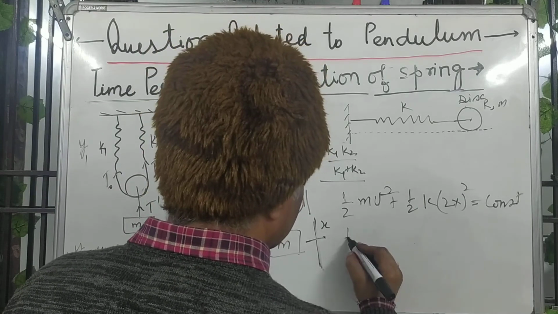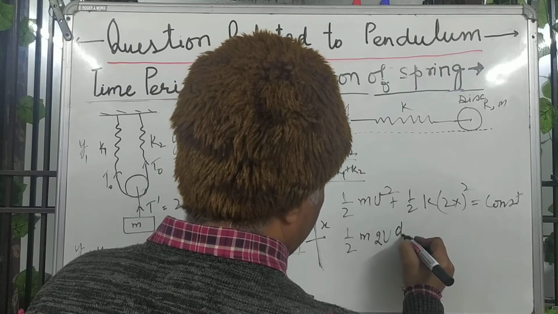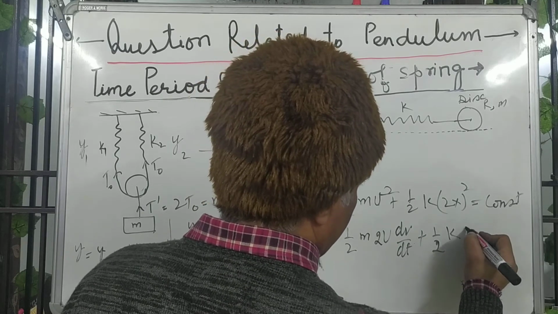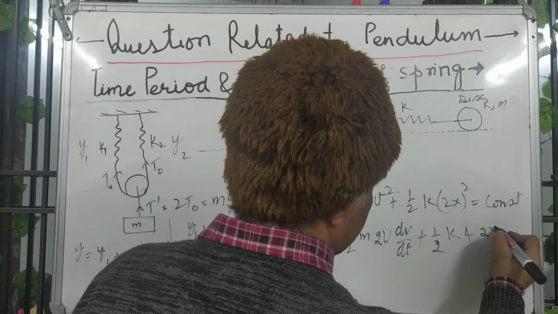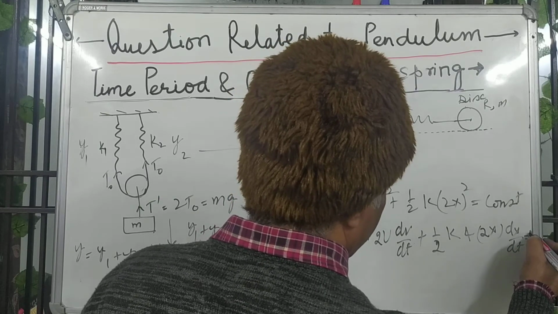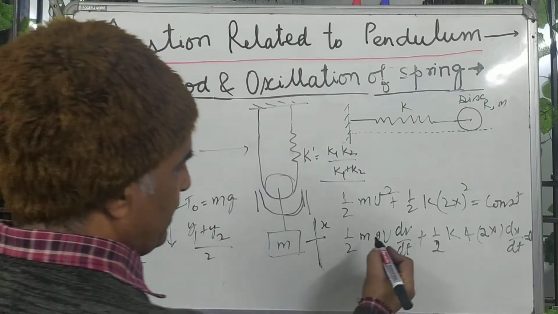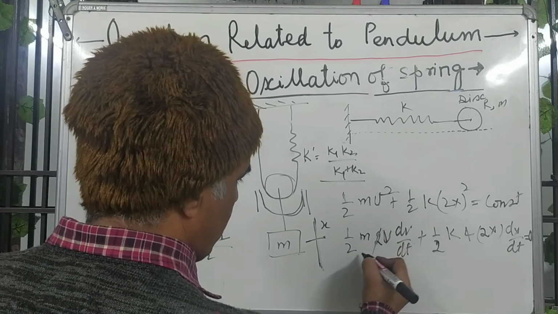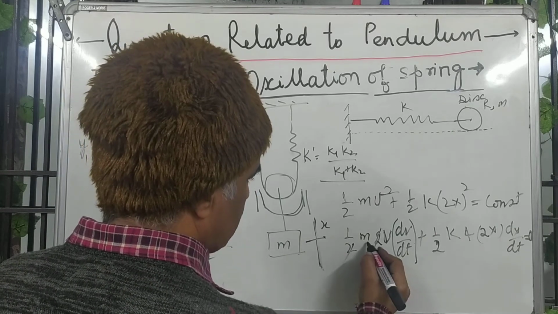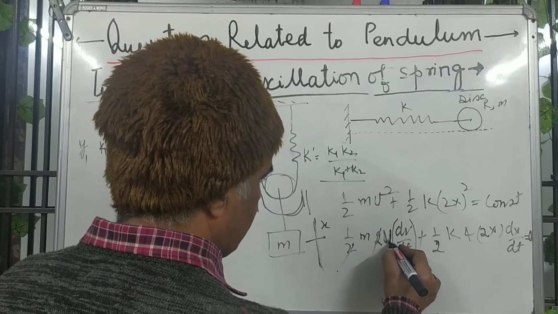This is half m 2v dv by dt plus half k 4 and 2x dx by dt equals 0. The derivative of a constant is 0. 2 and 2 cancel, and this dv by dt is the acceleration.